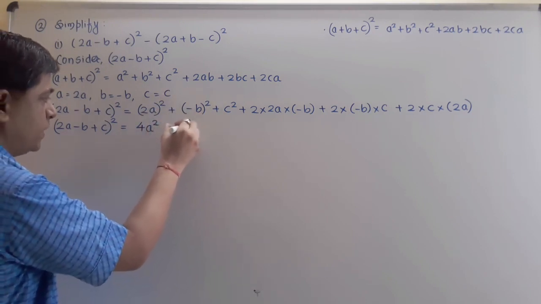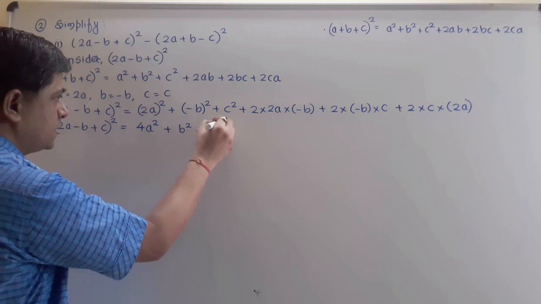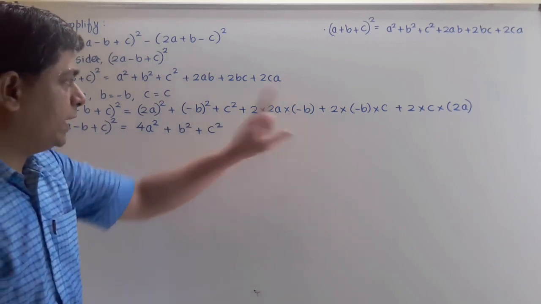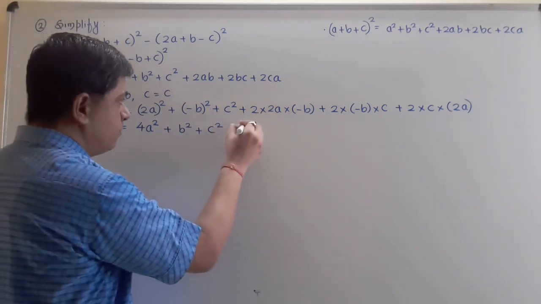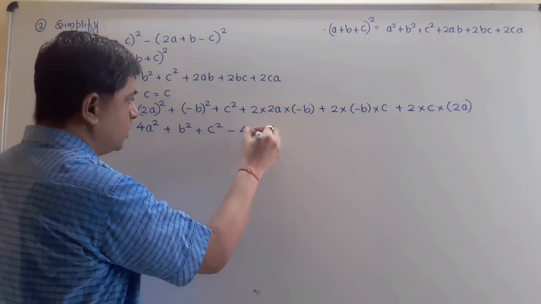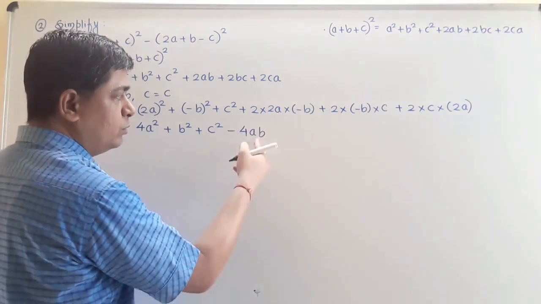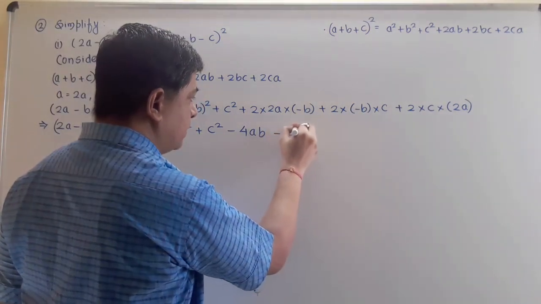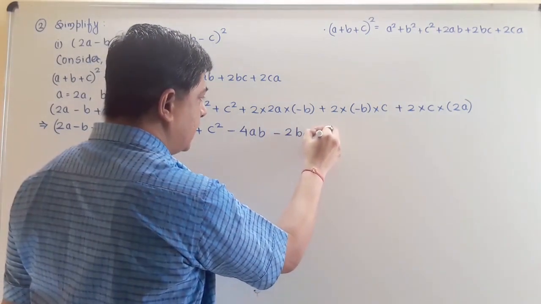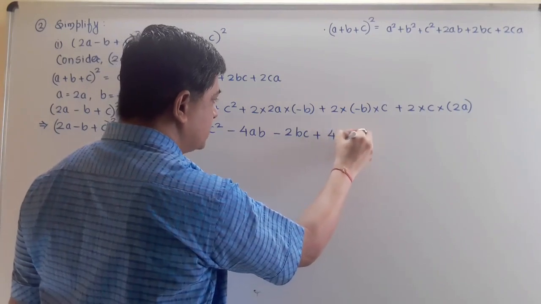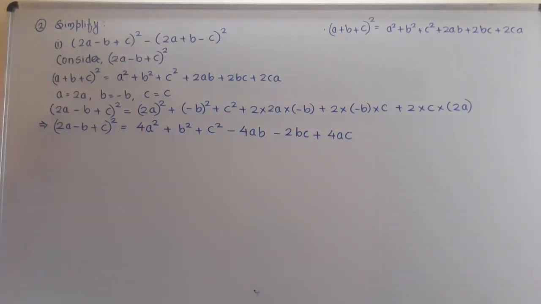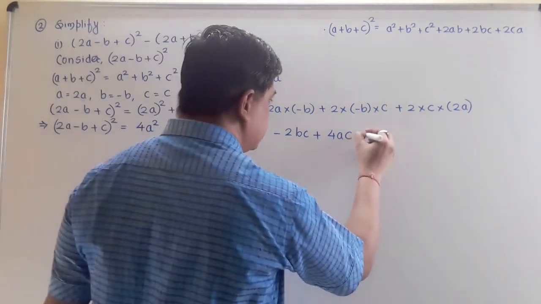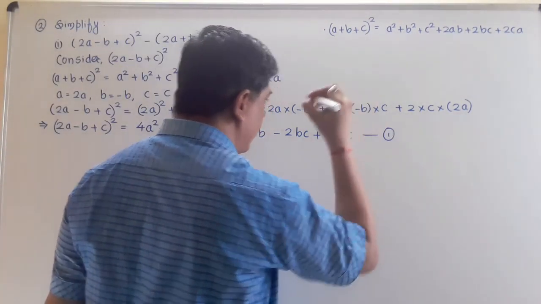So this will be plus b square plus c square, and plus into minus gives minus, so this will be minus 4ab, because 2 into 2 is 4 and a into b I wrote as it is. Plus into minus gives minus, so this will become minus 2bc, and plus 4ac. This is the expansion of the first term given in the question. I can call this equation number 1.